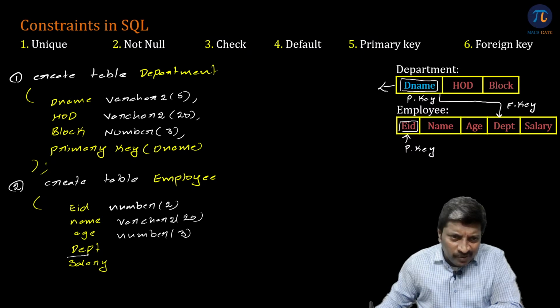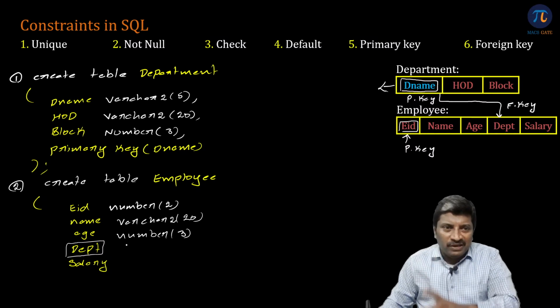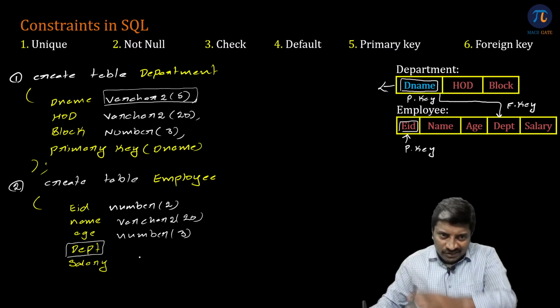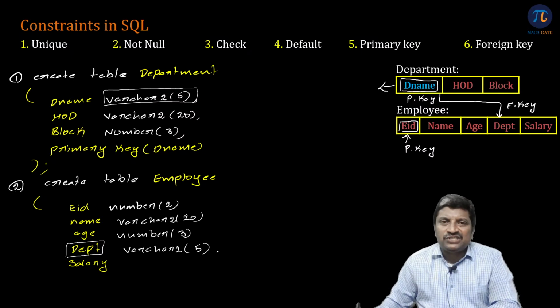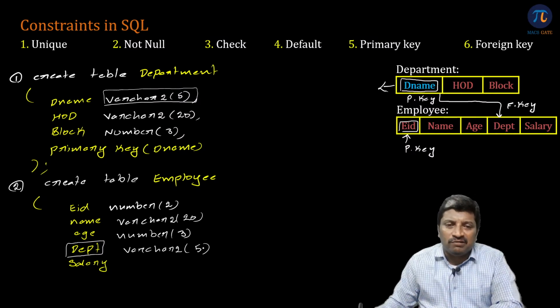Sir, this department we are supposed to specify as a foreign key. Then the main thing is whatever data type I have, better to have the same data type. So varchar2 of 5. At least instead of 5, I can have 6 or 7, but I should not have 4, sir.